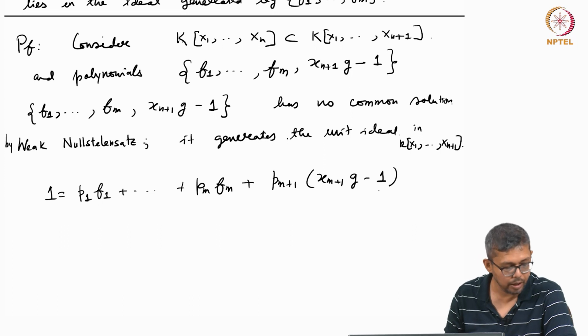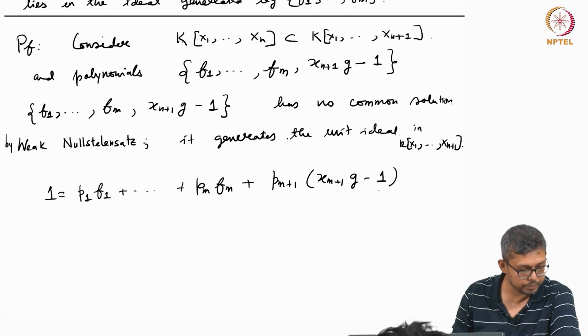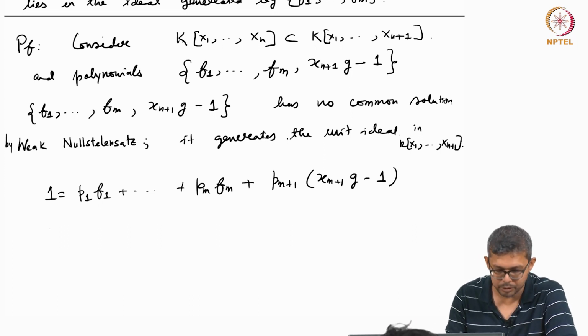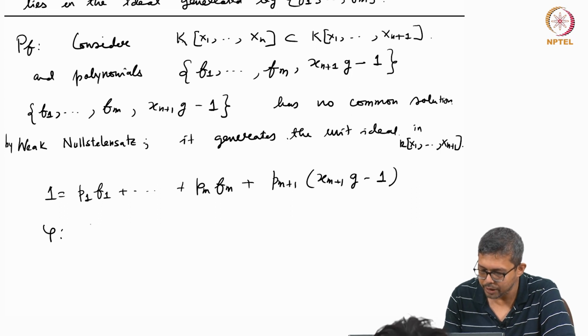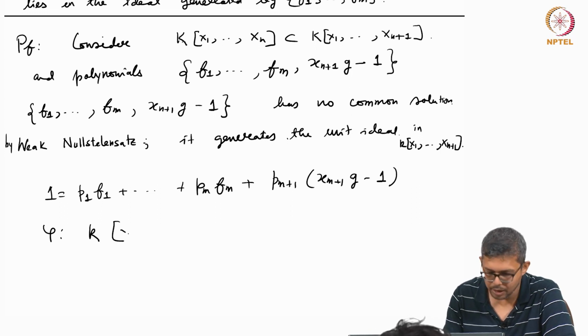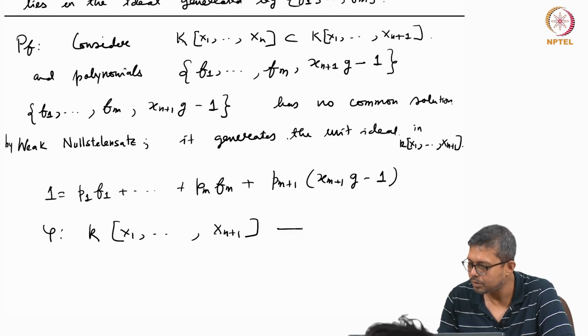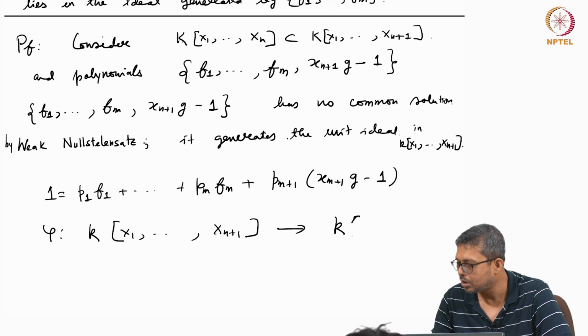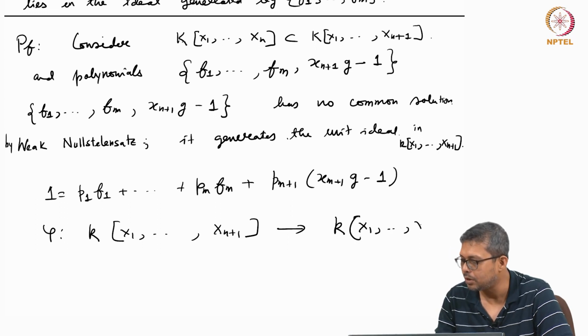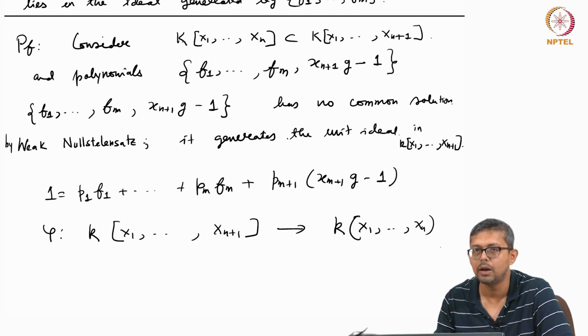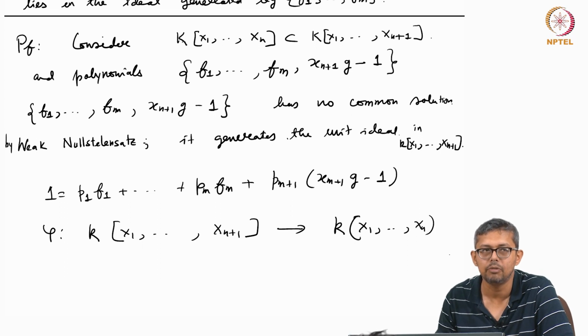Now you consider this homomorphism phi from K[x1, ..., xn+1] to K(x1, ..., xn), the quotient field of the polynomial ring.